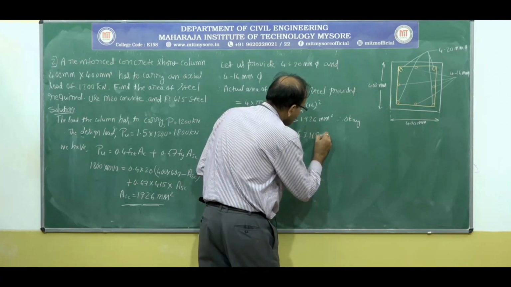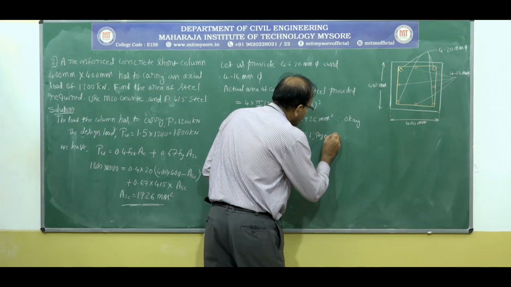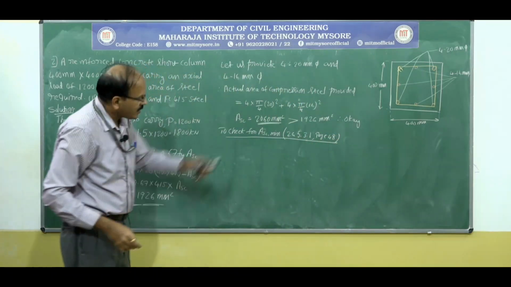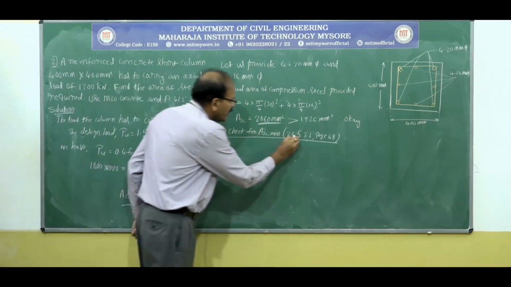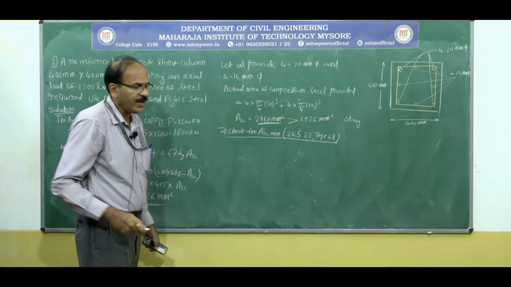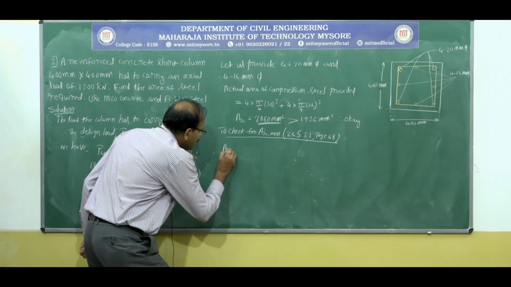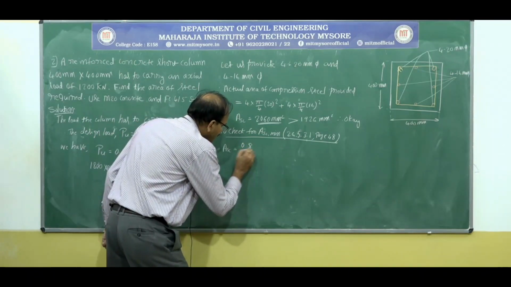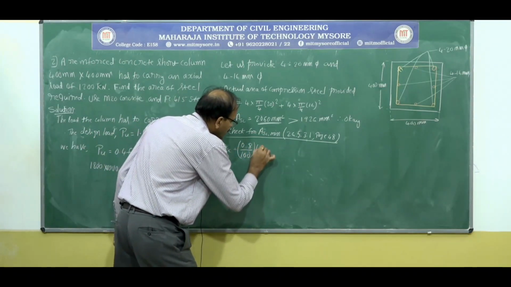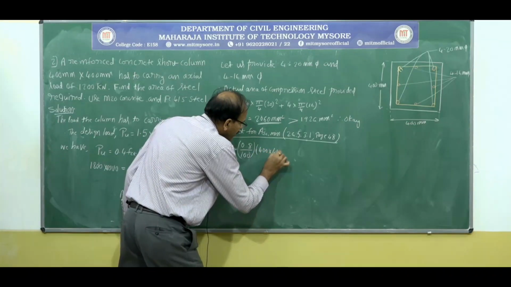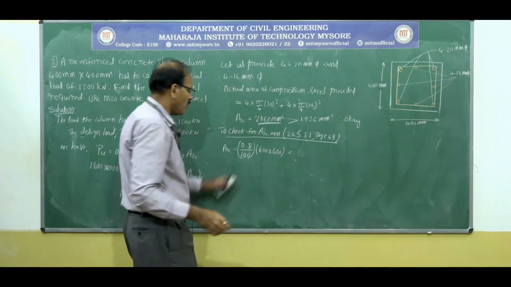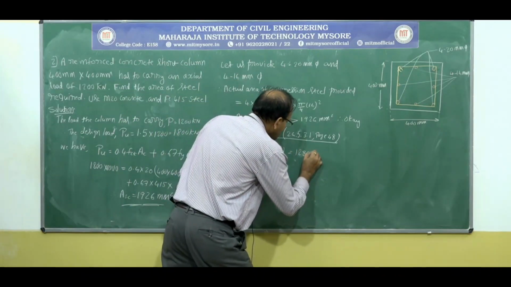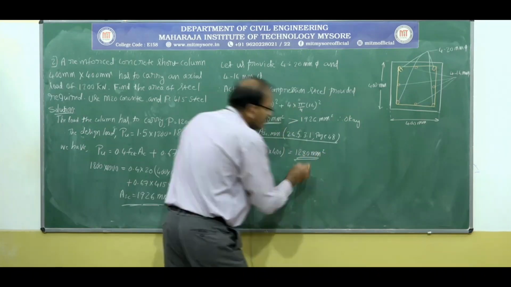As per clause 26.5.3.1 on page 48, ASC minimum is 0.8% of the gross area. 0.8% of the gross area, which is 400 by 400, that is 1600, comes to 1280 millimeter square.